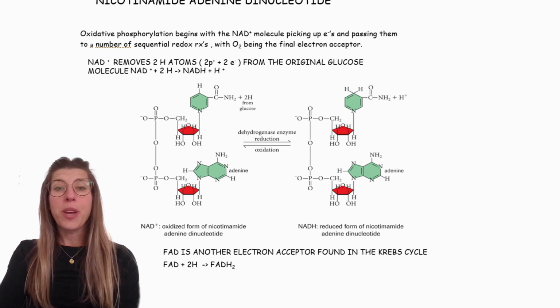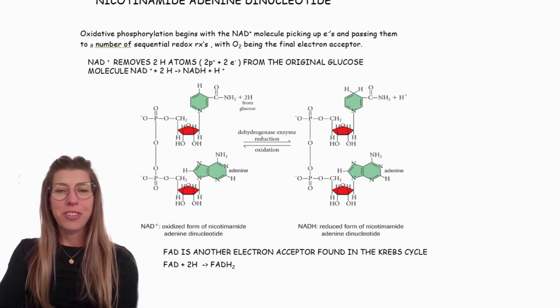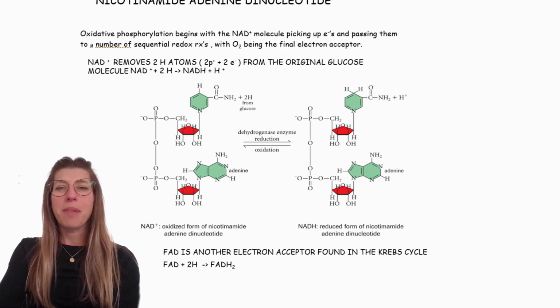And if you look down below, you could see the NAD plus form, which is the oxidized form of NAD. And then we have NADH, which is the reduced form. It has gained that extra electron from the hydrogen, and it's called NADH.